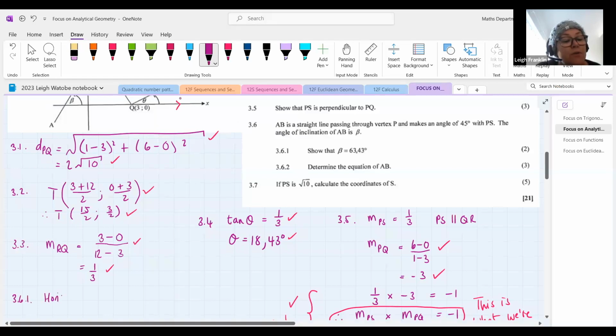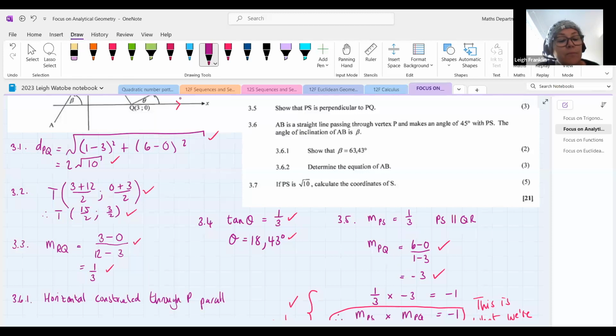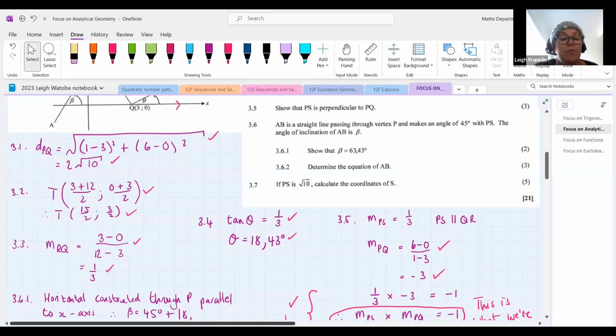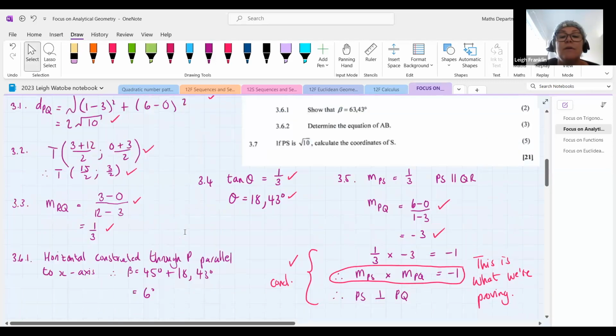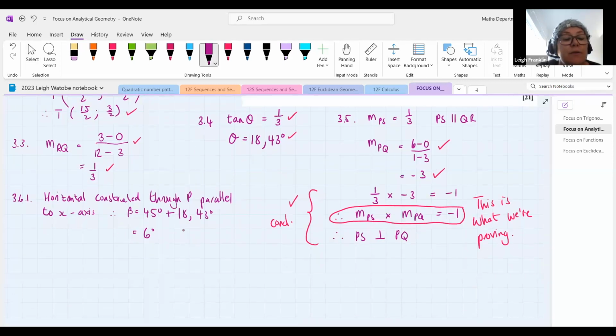I've said horizontal line constructed through P parallel to x-axis. Therefore, beta would be equal to 45 plus 18,43, and that would give us 63,43 degrees.